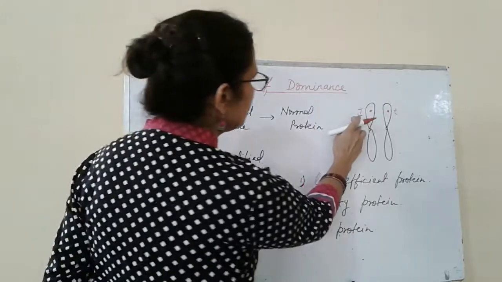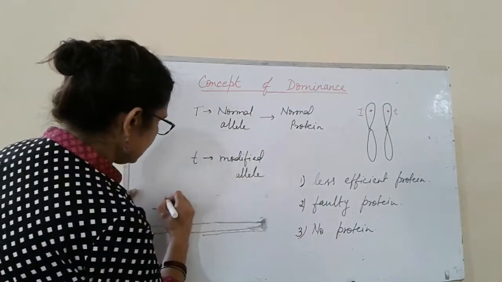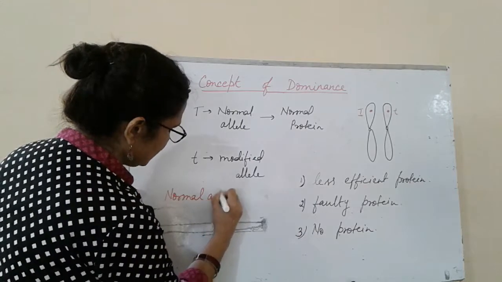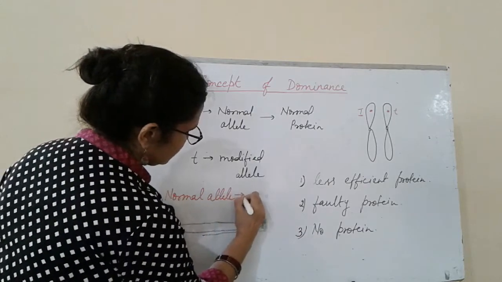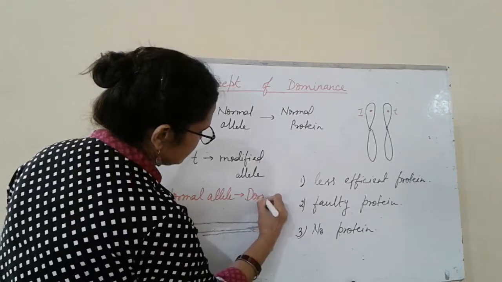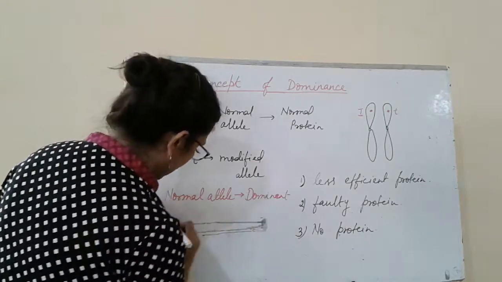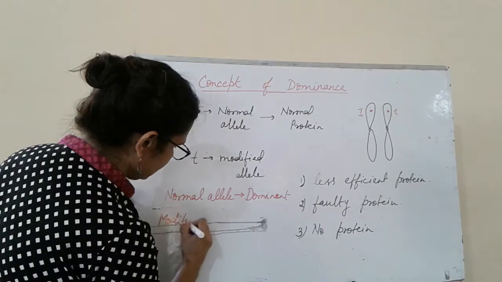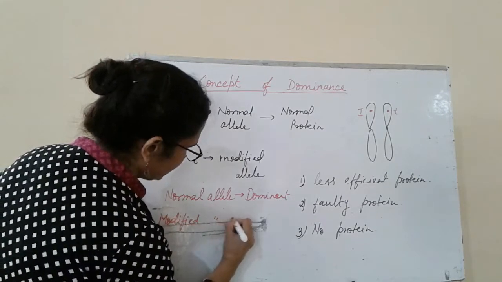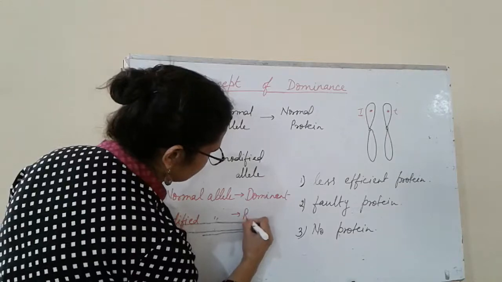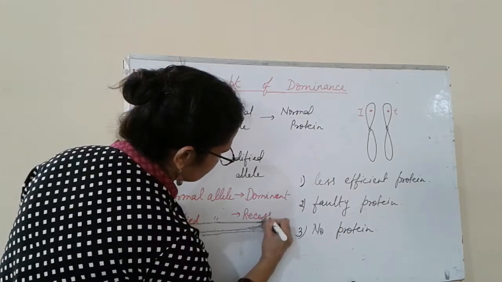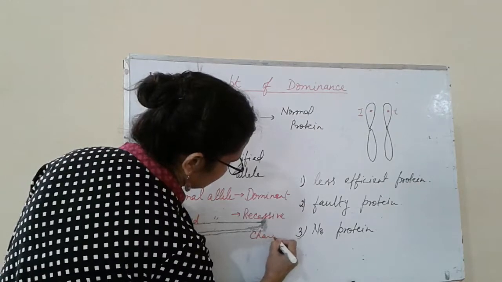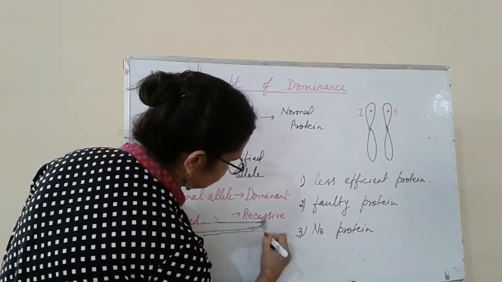So this normal allele is considered as a dominant, and this modified allele is considered as a recessive allele.